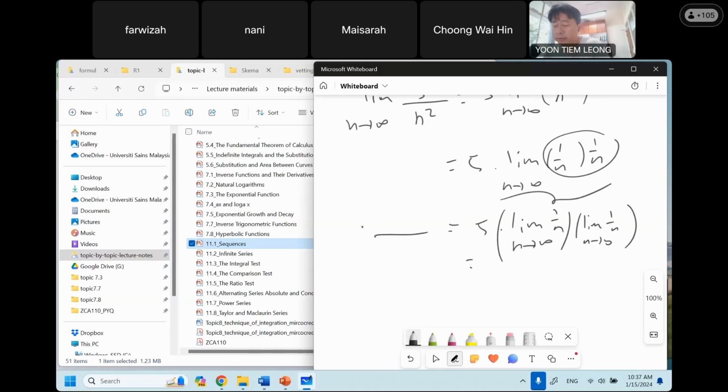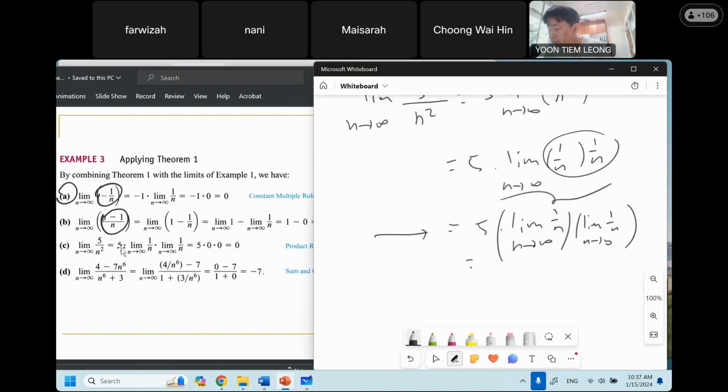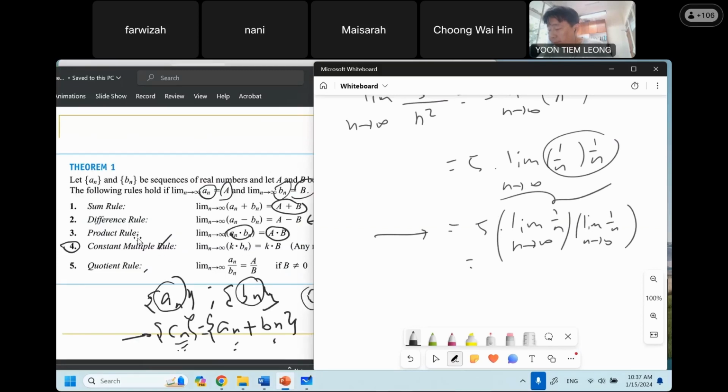So when this is written down, I am making use of the product rule. In product rule number 3, you have a product of a_n and b_n. Then you can break them into two separate limits. Here a is 1 over n, b is also 1 over n. Therefore, you have 5 times 0, which is also 0. So finally, you get a number, and the result is 0.